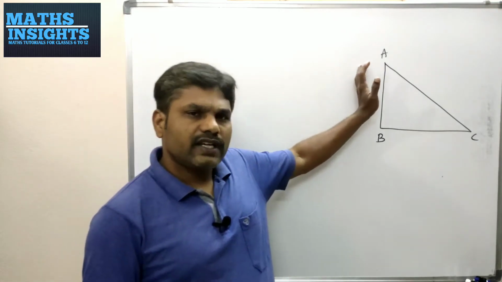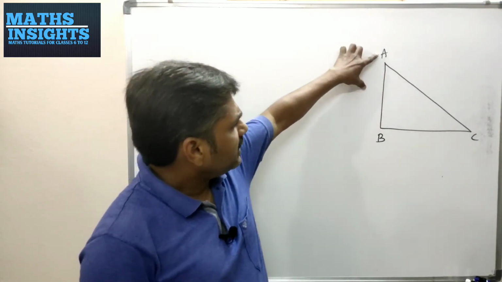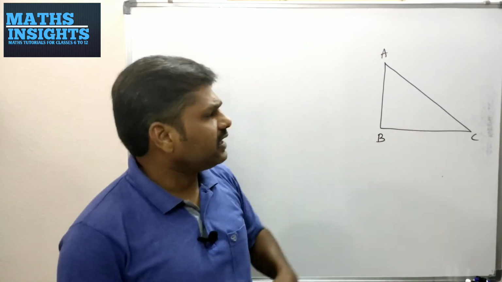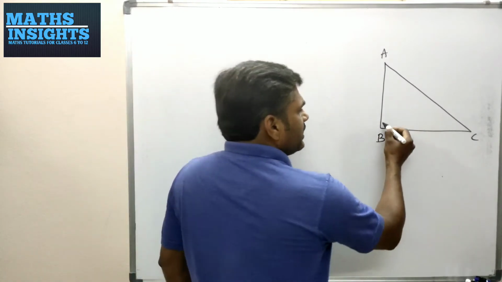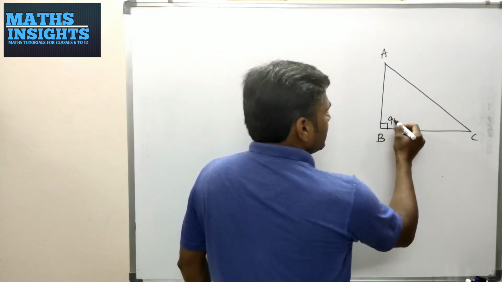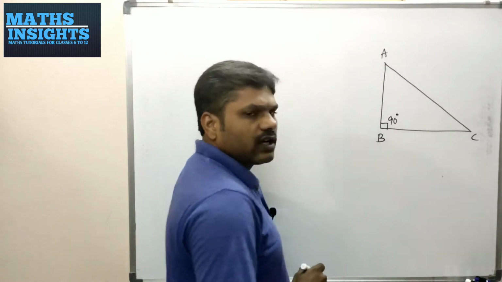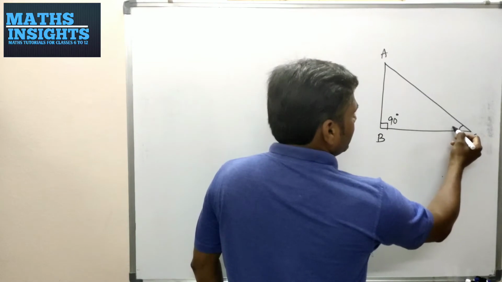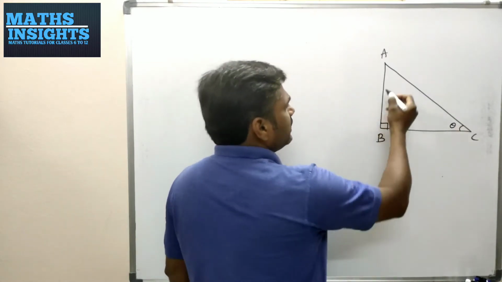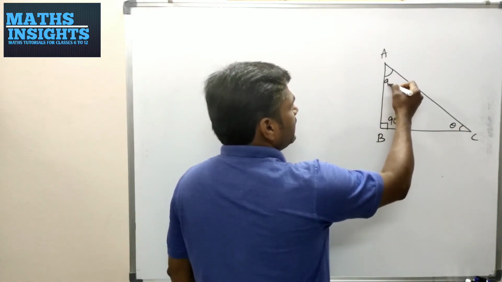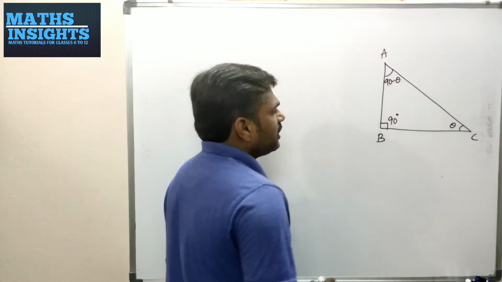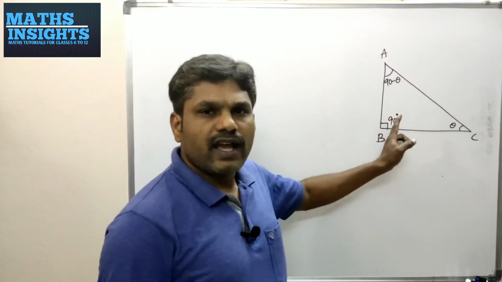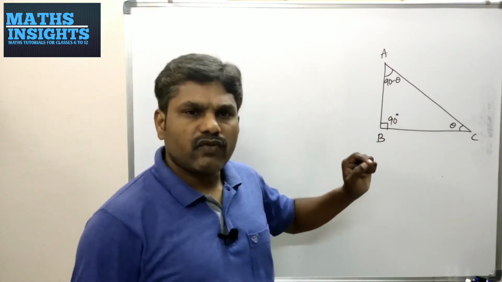Therefore, I am taking a right angle triangle ABC. Then this is 90 degrees. It's very clear. Why? Because they are perpendicular to each other, and you have an angle called theta, let. Then it will become 90 minus theta. If you add these three angles, you will get 180 degrees.